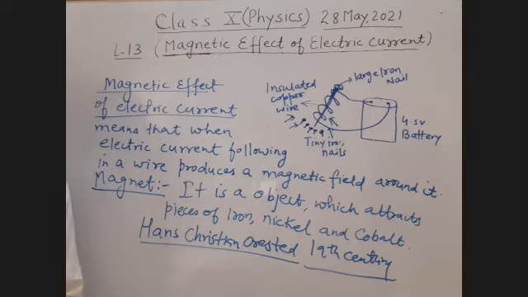So now we are going to study about the bar magnets. Bar magnet, and what is a bar magnet? Then the properties of bar magnets, and now students, the magnetic field and magnetic field lines. So this is our next topic. Please note down.